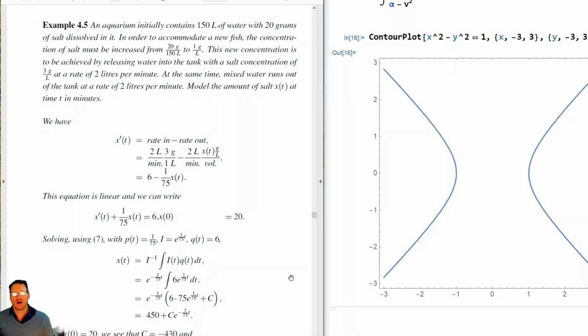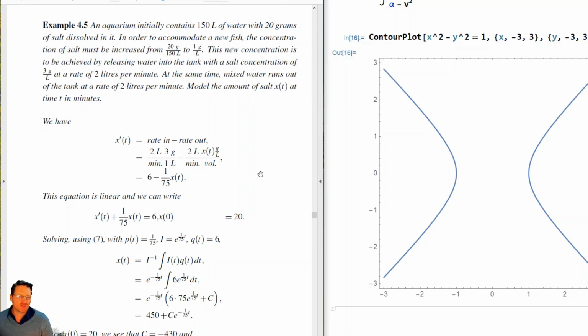All right, so the rate at which the salt is changing with respect to time is x dash of t, and this is just the rate of salt in minus the rate of salt out. So we've got an inflow and an outflow. Okay, so substituting in values, we've got 2 liters per minute times 3 grams per liter. So that's our rate in, and then our rate out is 2 liters per minute times x of t over 150, grams per liter, per volume.